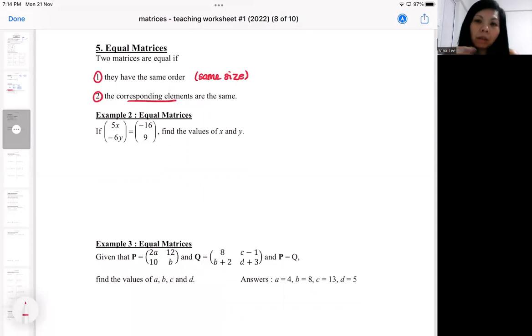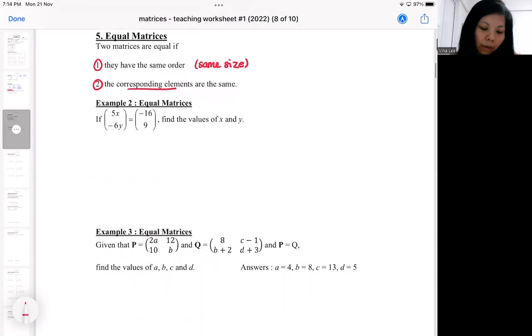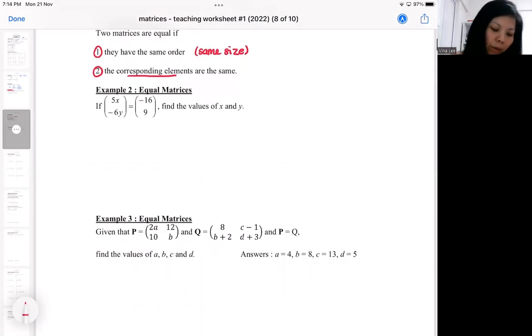Because of this, they can introduce different algebra, and sometimes it may even lead you to simultaneous equation or quadratic equation. A very simple example of equal matrix: this is a very small matrix, a 2 times 1 matrix. When we say that these two are equal, that means the top elements are the same, and the bottom elements are also the same.